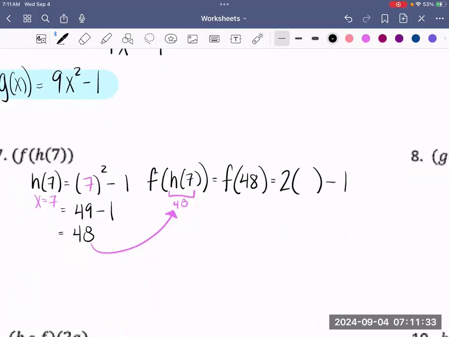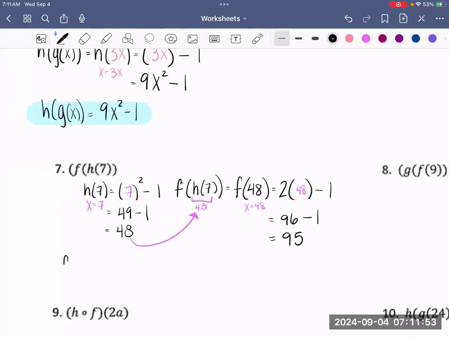So leaving a gap as you normally would, we are trying to evaluate when x is now 48. So 2 times 48 will give you 96 minus 1 to be 95. So f of h of 7 is 95.